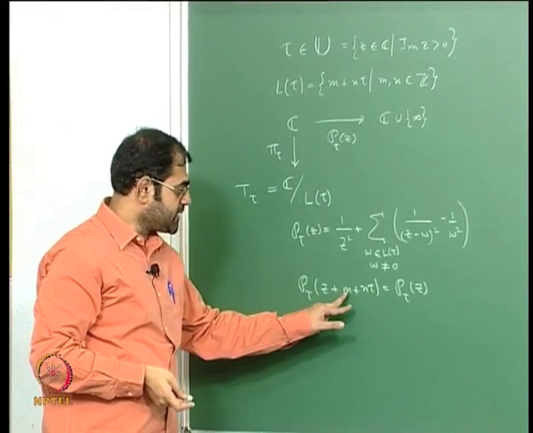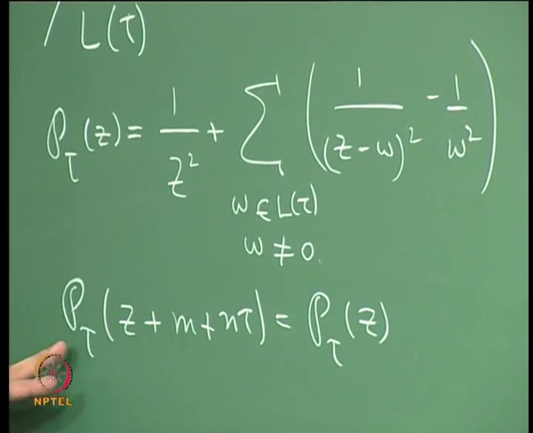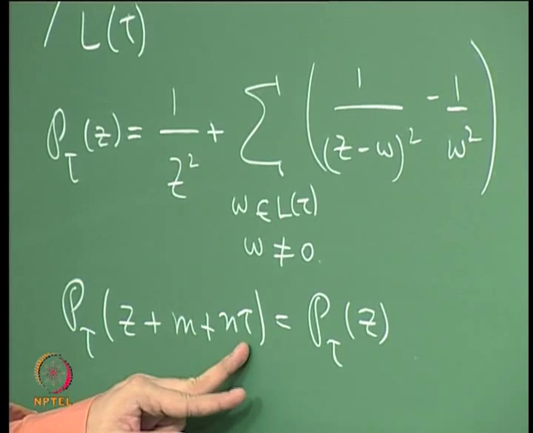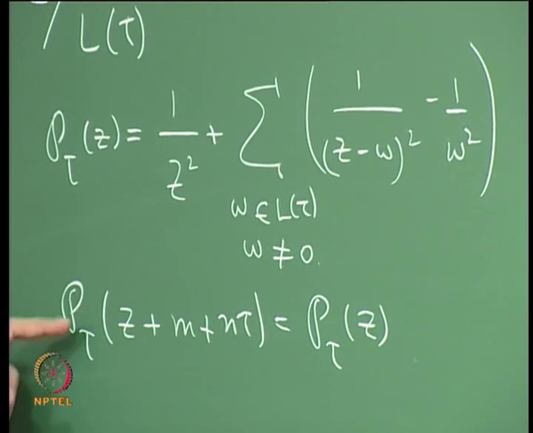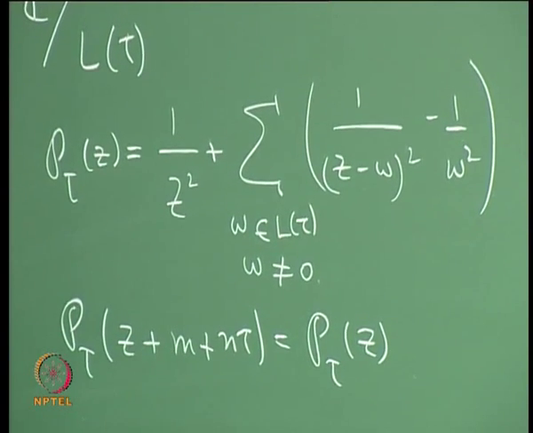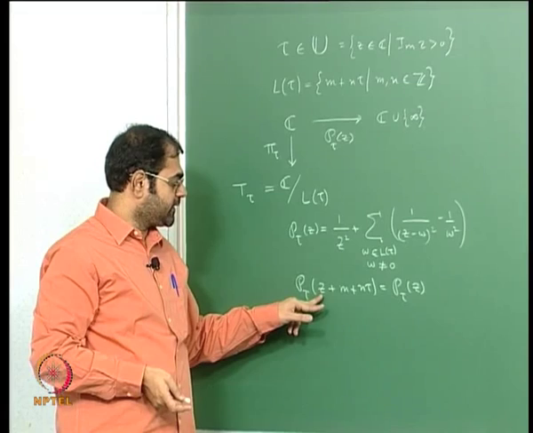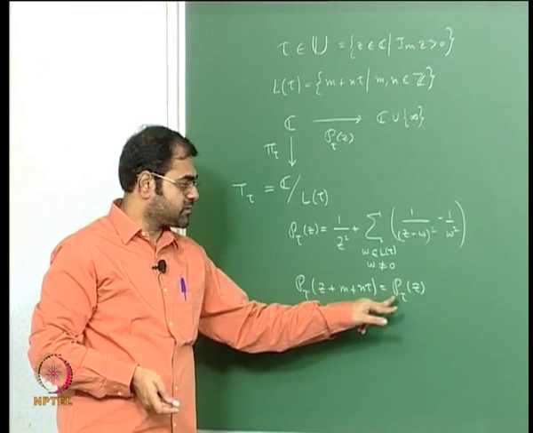So 1 is a period for the Weierstrass function, and tau is also a period. That means phi of z plus 1 is phi of z, from which you can inductively deduce that phi of z plus m for any integer m is also phi of z.